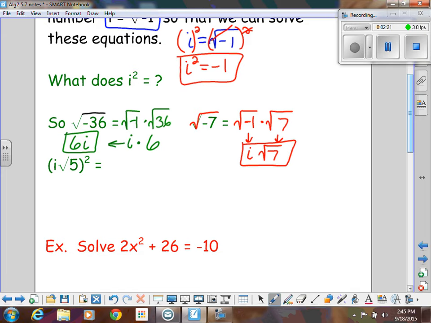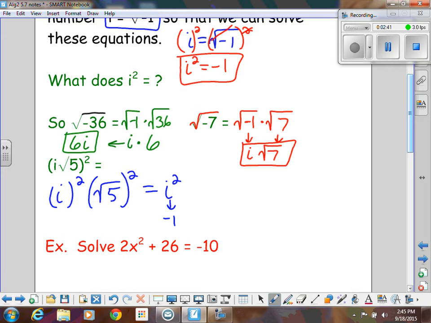On this third one, I'm going to square both of these things. So I'm going to square the i, and I'm going to square the square root of 5. So when I square i, that's where the i squared comes in. i squared is equal to just plain old negative 1.